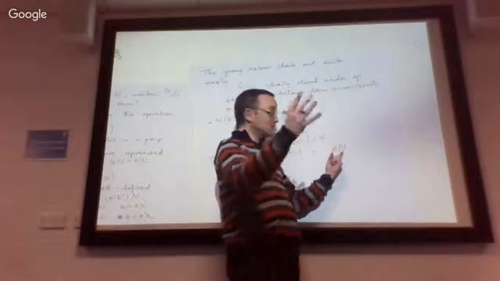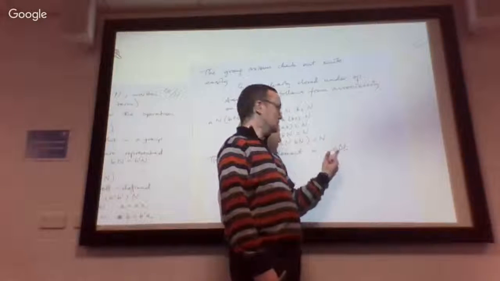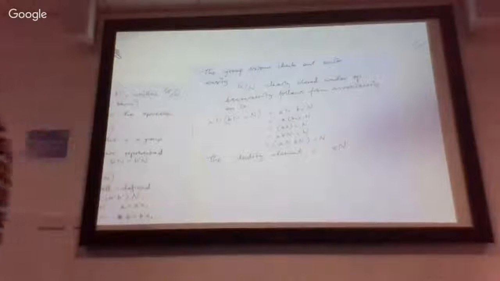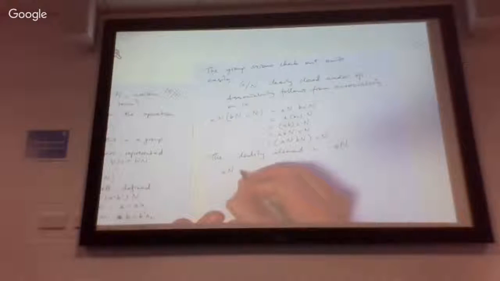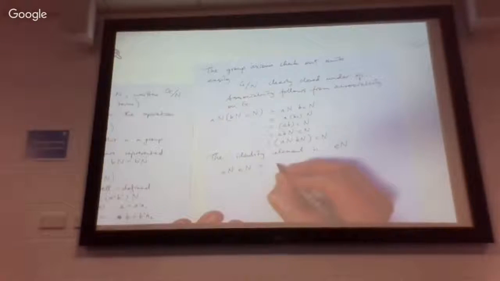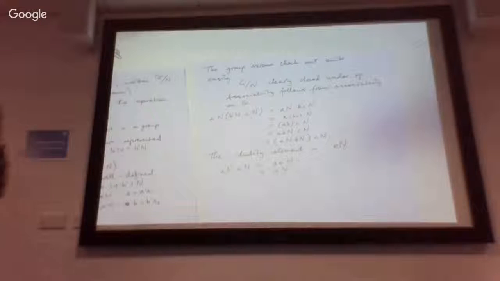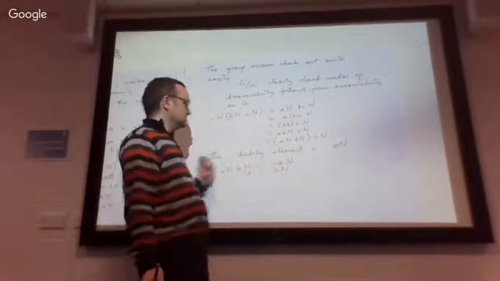So you could have been smart and answered any old element from N, but the identity is the obvious choice. And that's clear because if you multiply it by another coset, by definition it's aEN, but that's aN, because a times e is a.